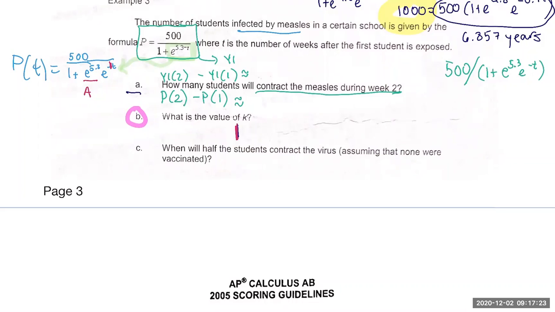You can also calculate a Y value by doing second, hit the trace button, second calc, which is above the trace button. And then there's a functionality called value. It's going to ask you what value do you want for the Y value? If you want the Y value at 2, you'll enter in 2, and it'll give you the Y value for that. That's one option for doing it that way.